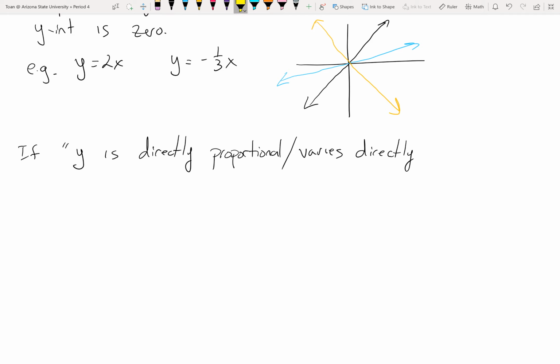Those are the trigger words: directly proportional or varies directly. If you read that phrase, y is directly proportional to x, then we can write the following equation.